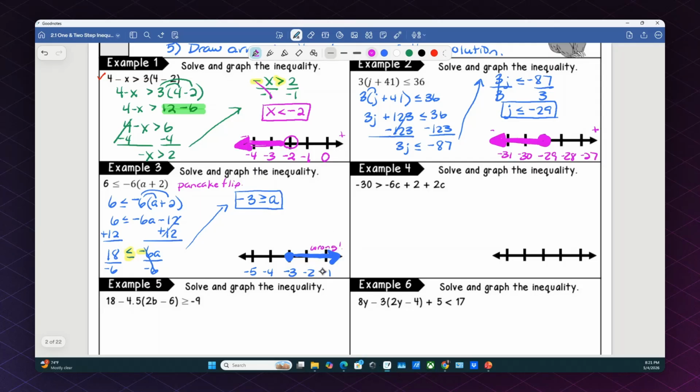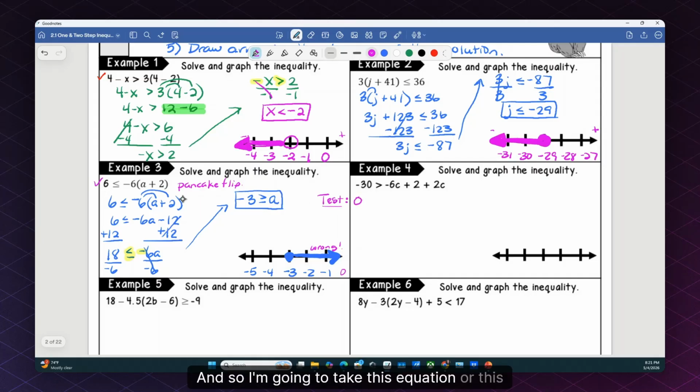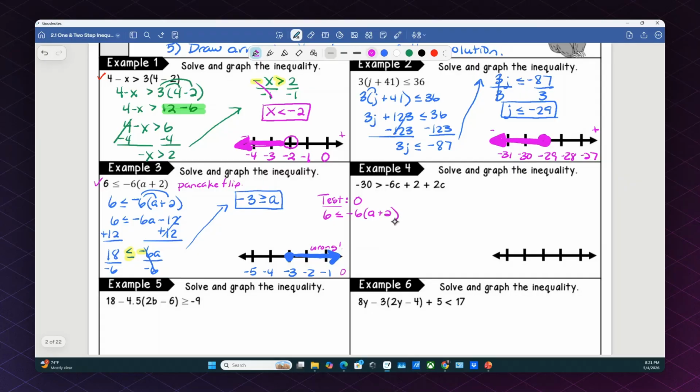On this side, negative 1 would be a solution. The next one would be 0. I'm just going to pick 0. This would include 0. Let's go back and test this. And you don't have to write this down. I'm just trying to prove a point here. So I am going to test 0. I'm going to take this inequality: 6 is less than or equal to negative 6 times the quantity a plus 2.